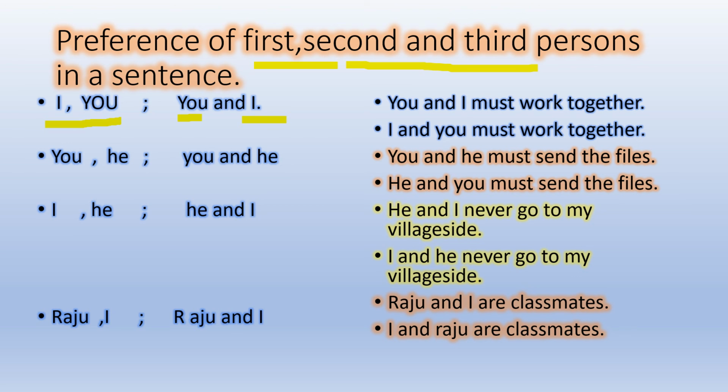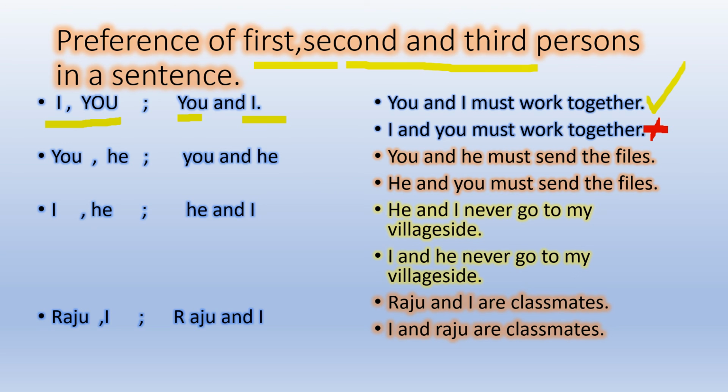For example, you and I must work together, this is the right answer. I and you must work together is wrong. We have to respect the other one first. So we write you and I work together, not I and you work together.